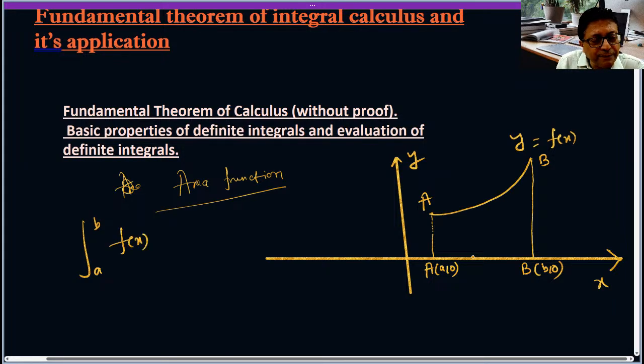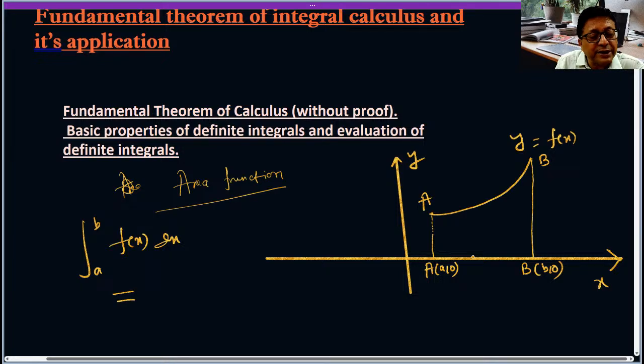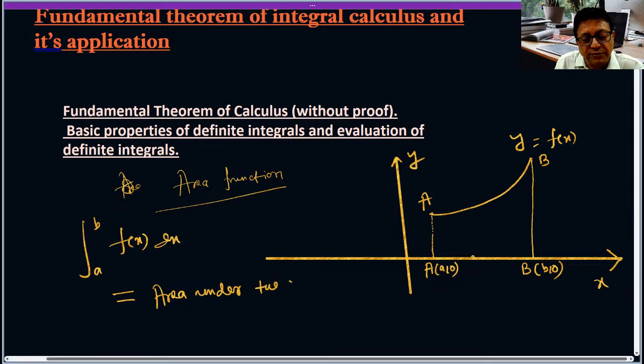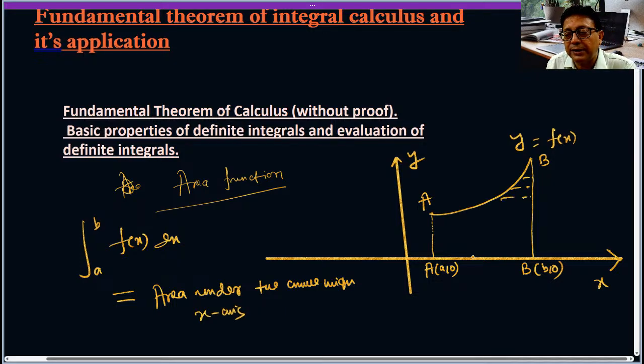Then integral A to B f(x) dx, the function is obviously continuous. Without continuity of the function you cannot do it. This integral A to B f(x) dx will represent the area under the curve with the x-axis. Which area? This area.